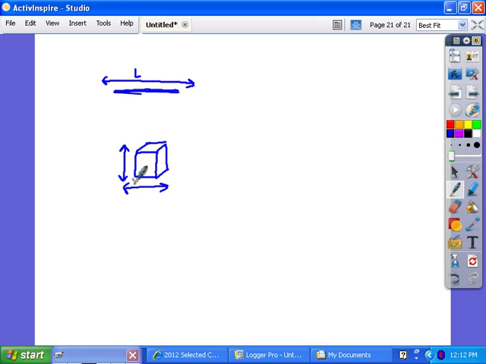This face can expand up and down. And this face can expand in this direction here. Volume, length, width, height. So what's happening here is you're multiplying your new length times 3.